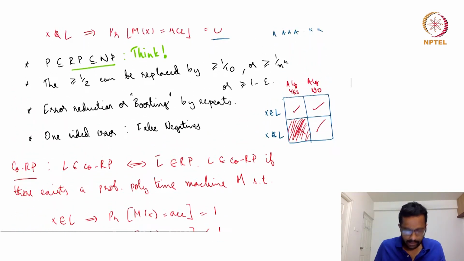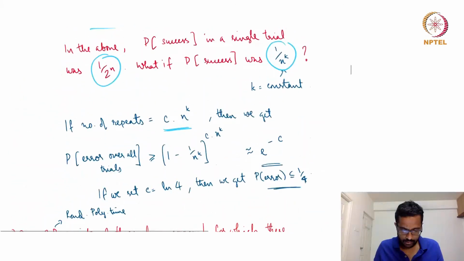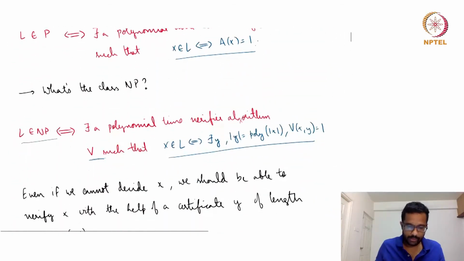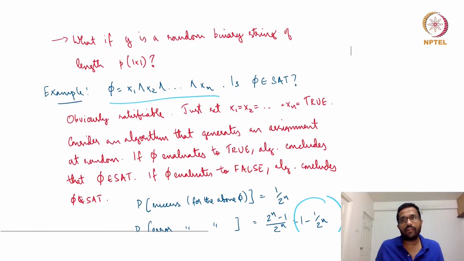I think I may be going over time, so I'll just conclude this lecture now, and we'll continue in lecture 28. I will very briefly summarize what we did. We motivated the need for randomness as a way to guess the solutions that are magically guessed by the NP machines.